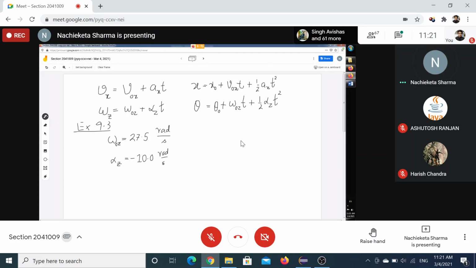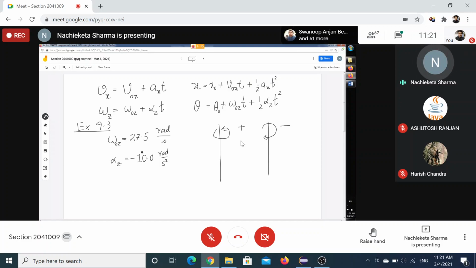Now you see, when the body rotates in anticlockwise direction, normally we take it as plus, and when it rotates in clockwise direction, we take it as minus. Here your omega naught z is plus, alpha z is minus. Both the directions are opposite to each other.